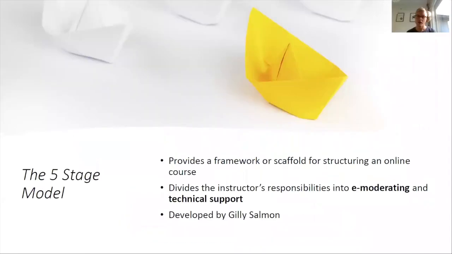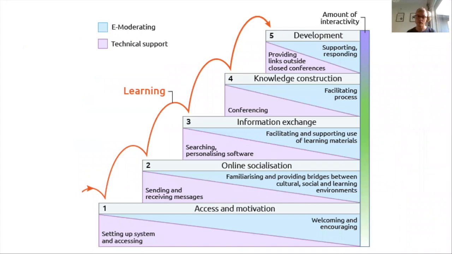Definitely. That's a really good one. This is a picture of the model, the 5-stage model, and as you said, I think the first 2 steps are actually the most important ones in this model, that you really need to focus on how to make sure that everybody can access all the resources that you have, all the tools, all the environments, how to make them motivated, how to keep up the motivation, how to make sure that they will socialize into the environment and also with each other, so that they become committed to the course.